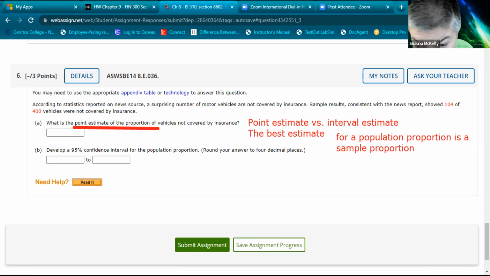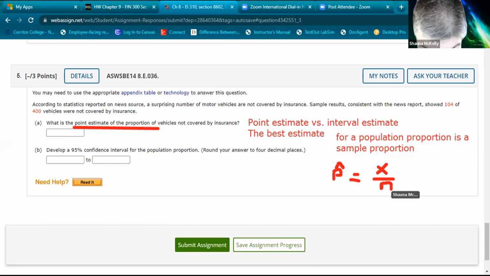The way you calculate this, I'm sure you've seen this formula: p hat for your sample proportion is going to equal x over n. That's all we're going to do for part A.